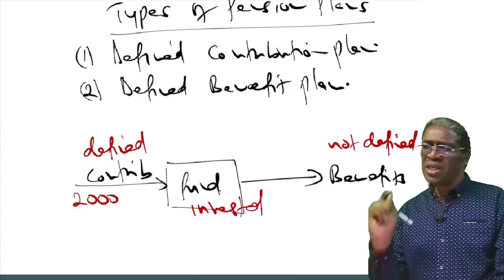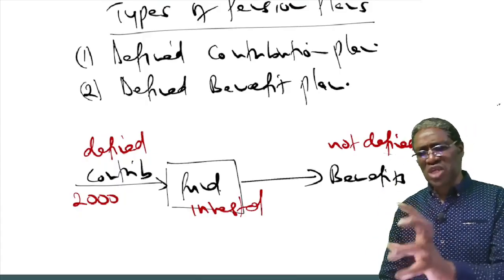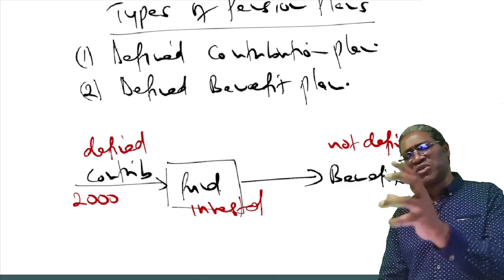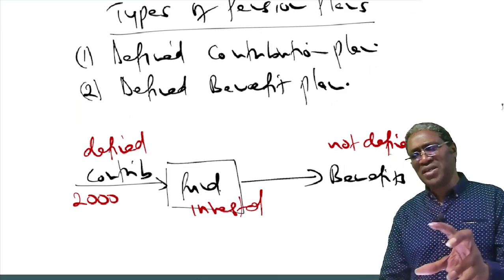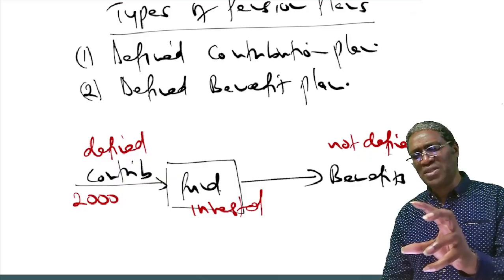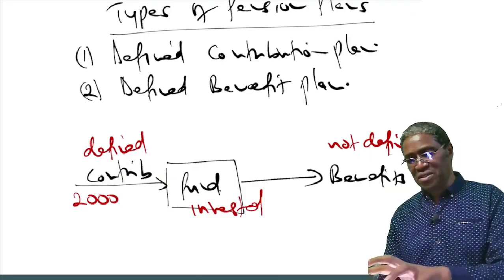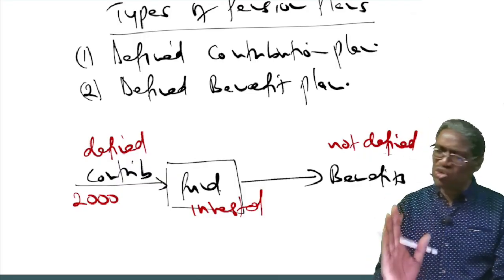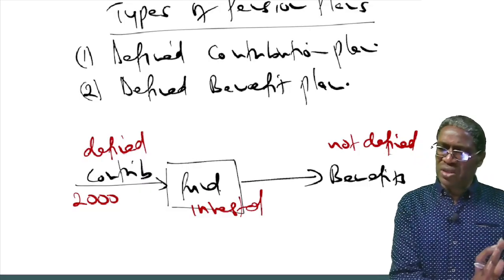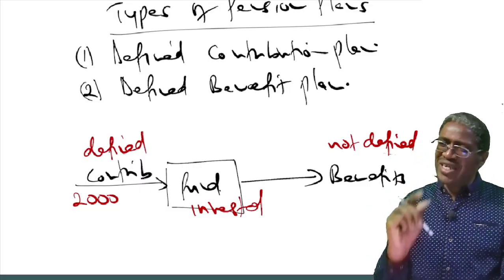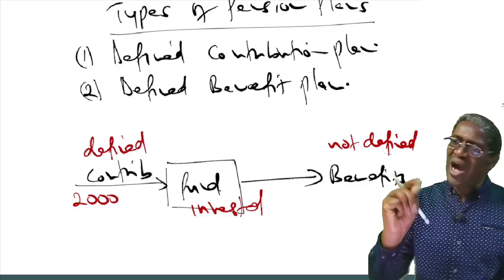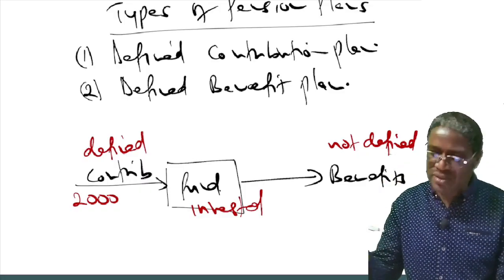Now listen. If you remember, most students used to define this defined contribution plan by just saying, in a defined contribution plan, the contributions are defined, and you stop there. It's true, you have got one part of it, but you also need to talk about, in the same plan, how the benefits are affected.